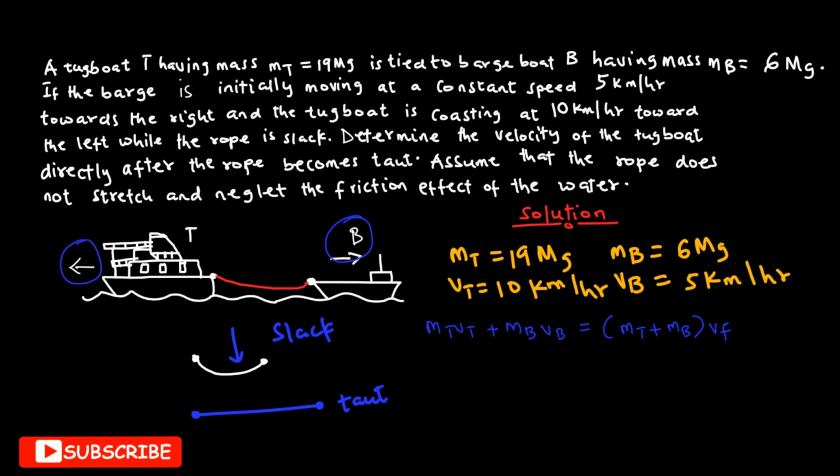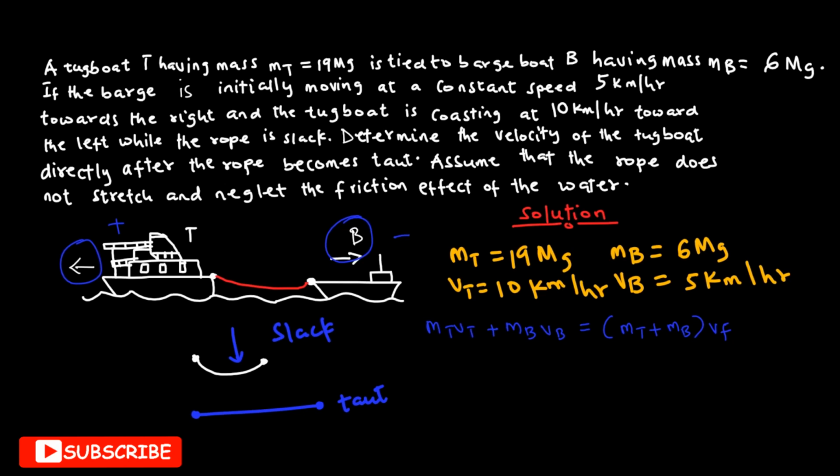So I'll consider the barge boat to be moving in the negative direction and the tugboat in the positive direction since it is coasting. That means the tugboat's velocity will be positive, and that of the barge will be negative.